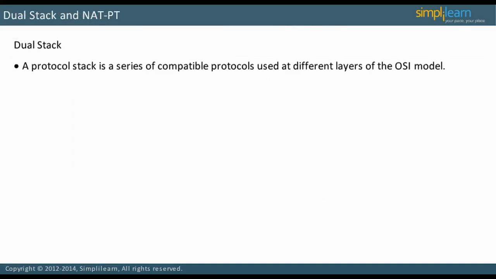A protocol stack is a series of compatible protocols used at different layers of the OSI model. For example, Ethernet with IPv4 and TCP is a protocol stack. The protocol stack that includes IPv6 is, of course, not the same. In fact, it is incompatible.